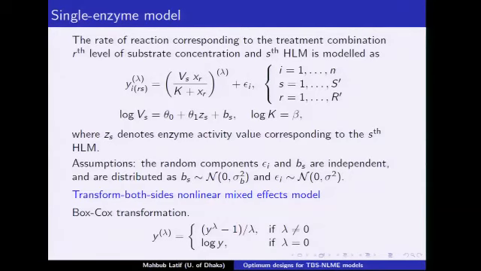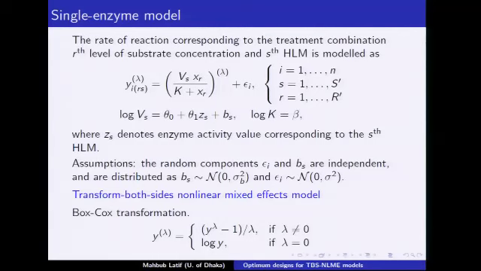First the response y sub irs. i indicates the run, the experimental run. So in total I have n runs, where n means 864. The ith run corresponds to the r-th level of concentration and s-th level of HLM.